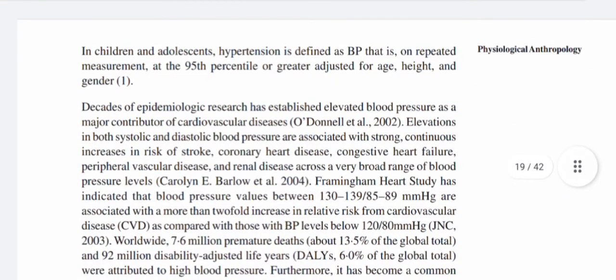In children and adolescents, hypertension is defined as blood pressure that, on repeated measurements, is at the 95th percentile or greater, adjusted for age, height and gender. Decades of epidemiologic research have established elevated blood pressure as a major contributor to cardiovascular diseases.